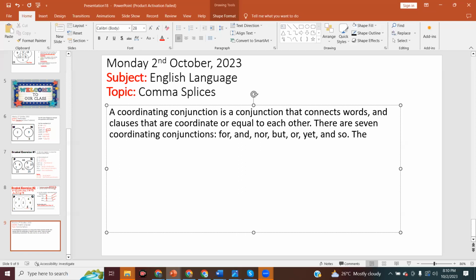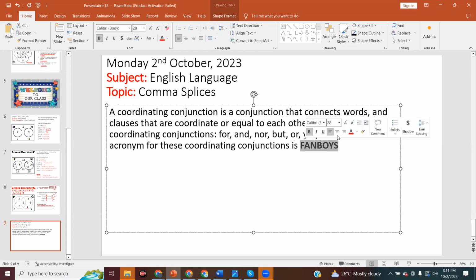And the acronym for these coordinating conjunctions is FANBOYS. So F is for what? For, that's obvious.